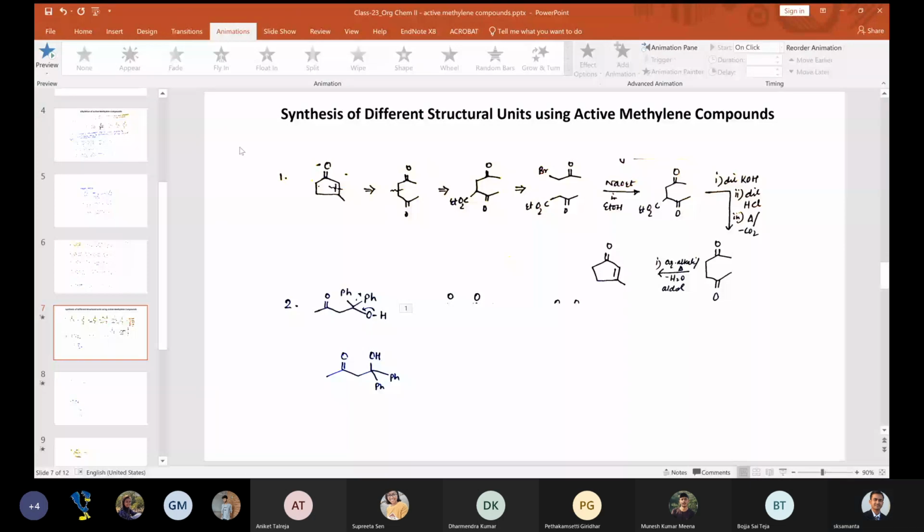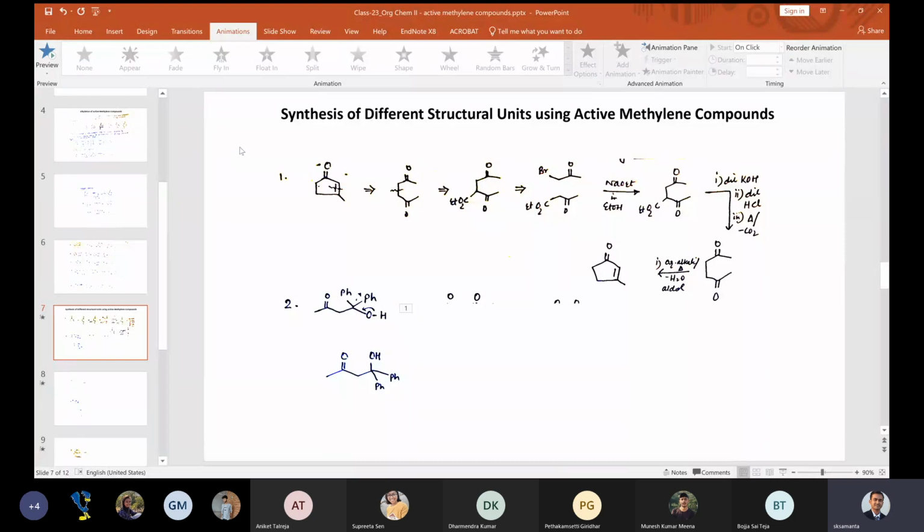Your first approach would be to think from where I can get this molecule, or to think how to go in the backward direction. The backward direction is mostly realized through the disconnection approach.